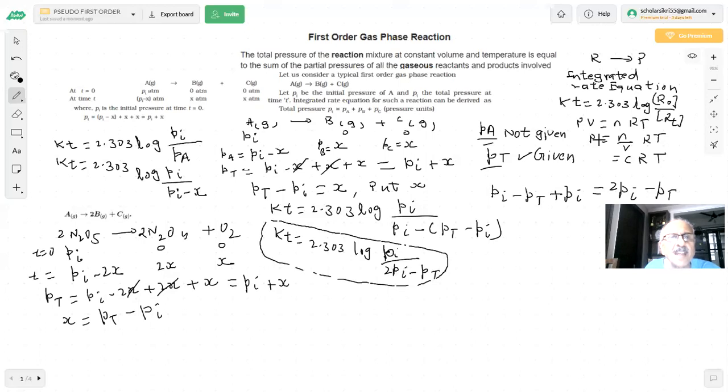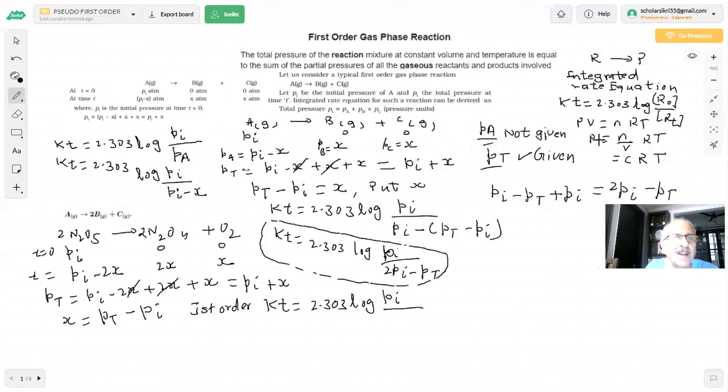But what is the equation for this? I am saying it is a first order reaction. So for a first order reaction, Kt is equal to 2.303 log of, what is the initial pressure? Pi. This is my initial pressure, Pi. And what is the amount of N2O5 left at time t?